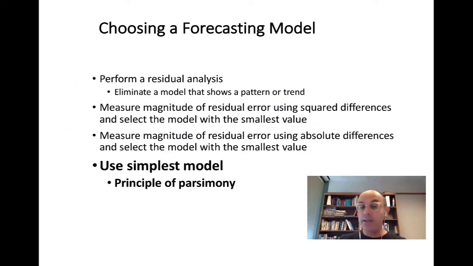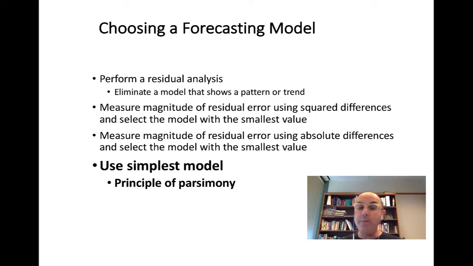I said in the beginning, how do we choose a forecast model? We need to do analysis. We need to estimate the model that shows a pattern or a trend. We need to measure, and we need to be aware of errors with regard to residual error, using squared differences and selecting the model with the smallest value.